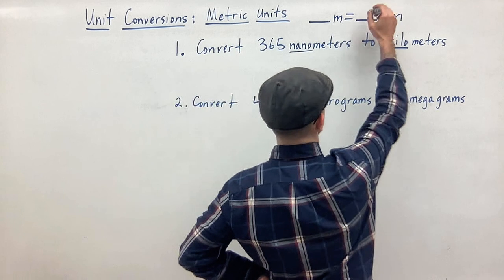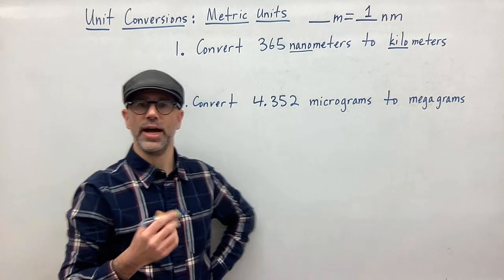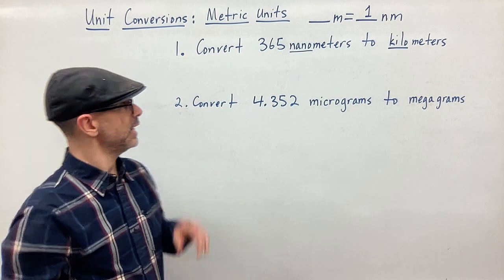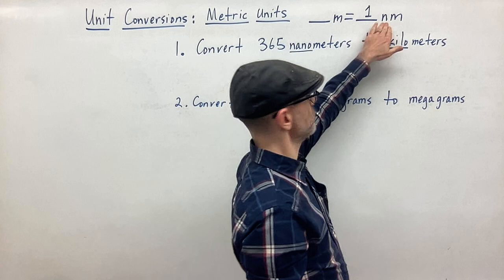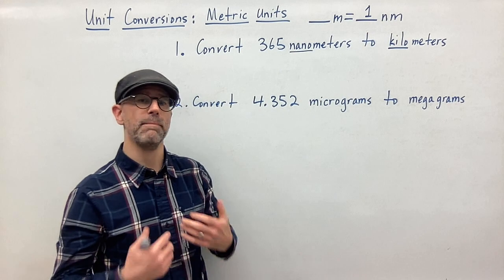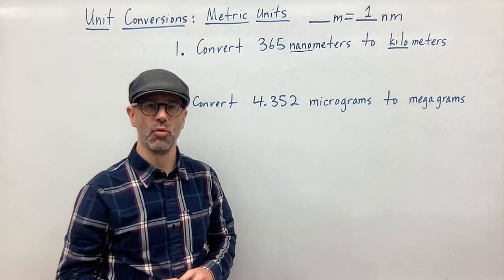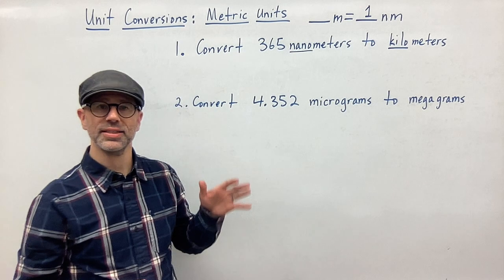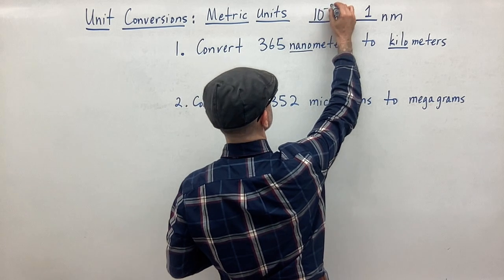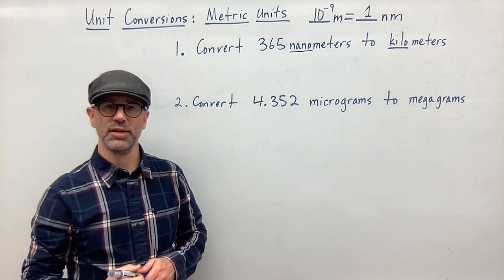So I'm going to put a 1 on this side because nanometer has the prefix. And then I take the prefix multiplier. In this case, nano means 10 to the negative 9, so 1 billionth. So 10 to the negative 9 is the prefix multiplier for nano. I'm going to put that on the side with the base unit: 10 to the negative 9. So there's my equality. I can now use that as a conversion factor.